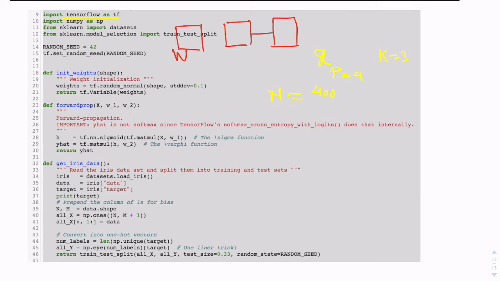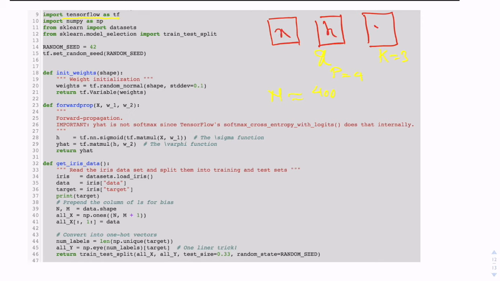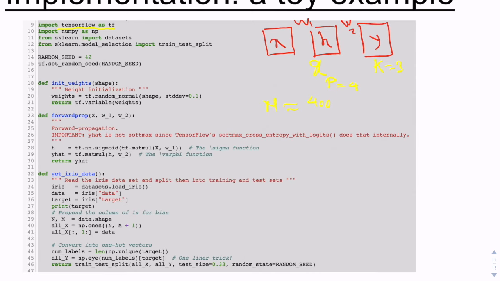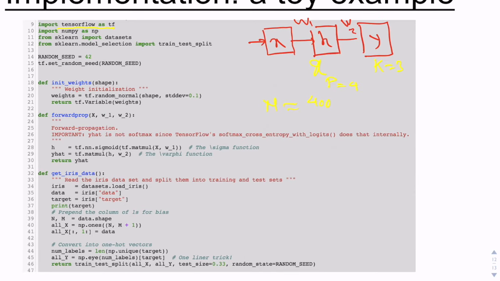So we use a neural network with one hidden layer. This is the hidden layer, this is X, and this is Y. Therefore we have one W1, one W2, and you have the input vector, and you have the output, which is a one hot encoding vector of dimension 3 in this case, if we have 3 classes.